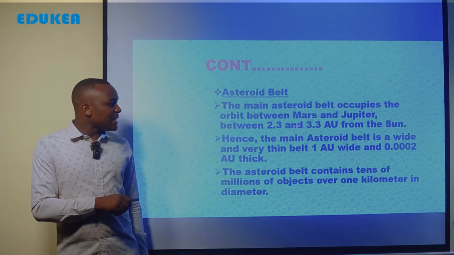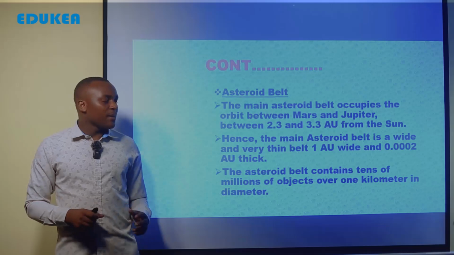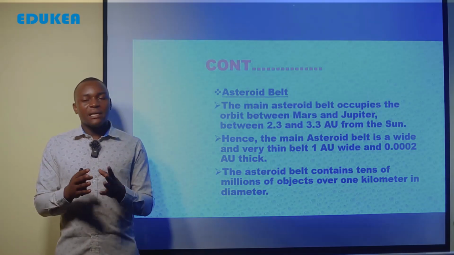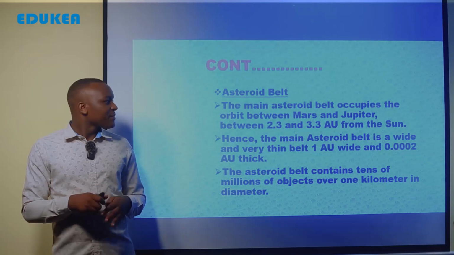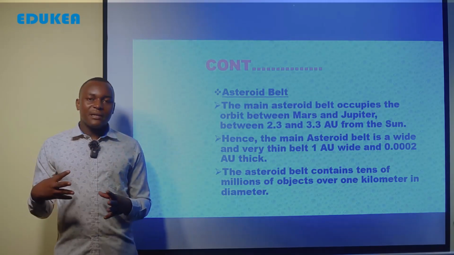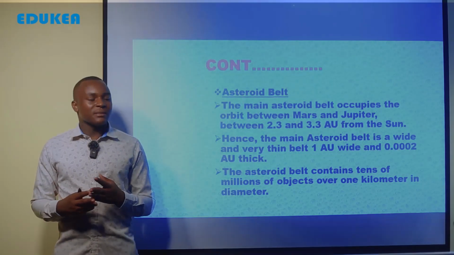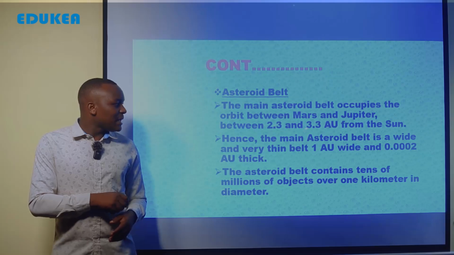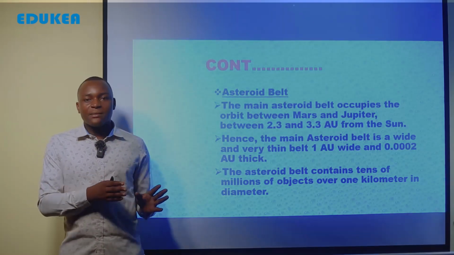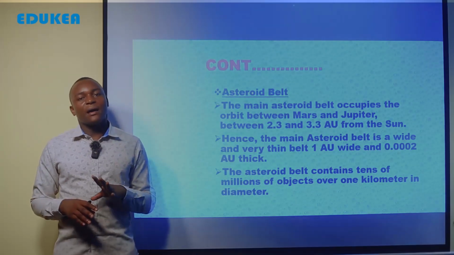Kwamba ukiangalia asteroid belt, tunasema kwamba hivi ni main asteroid belt, zimeoccupy orbital distance ya 2.3 na 3.3 na ipo katikati ya Mars na Jupiter. Yani kabla hujafika sayari ya Jupiter, katikati ya Mars na Jupiter, pale ndo kuna hizo asteroid belt.